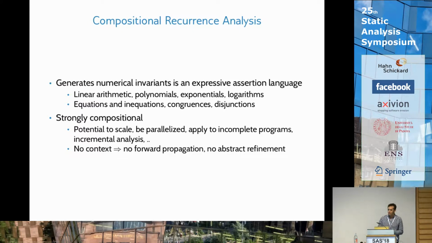There's also one thing to not like in particular, which is that compositional analyses can't make use of context. So contextual information is something that we really like to exploit in program analysis. So in conventional abstract interpreters, we propagate information from the initial states forward so that when we're analyzing a program fragment, we know which states we might be in when we're executing it.